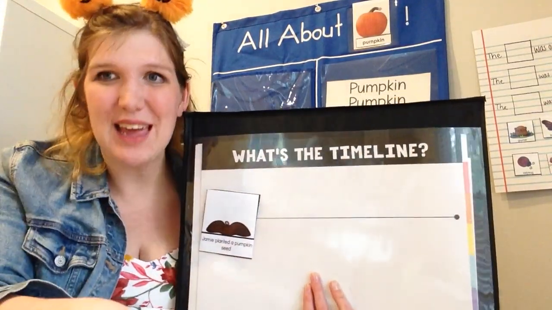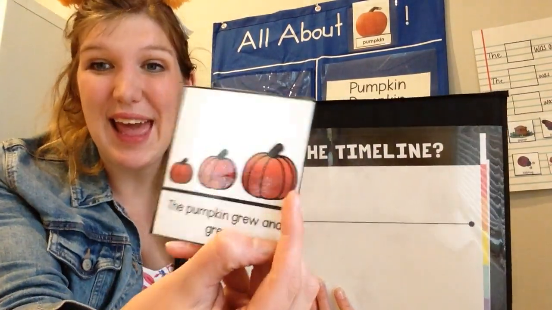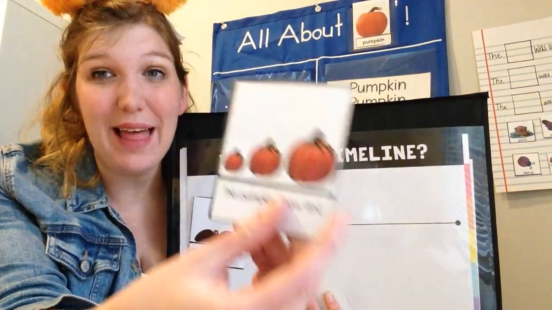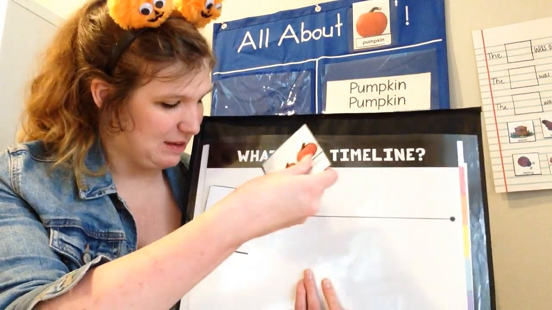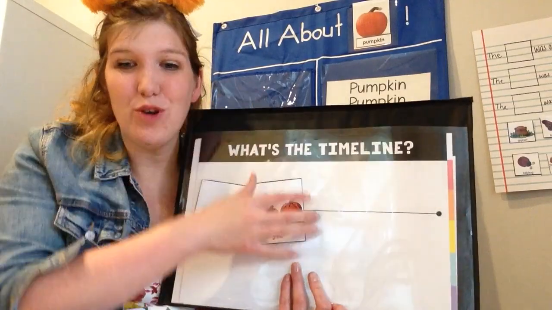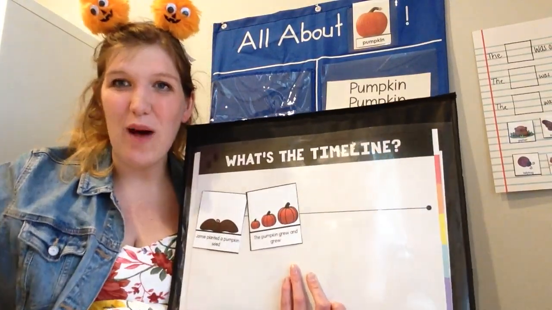So that pumpkin was growing and growing from a tiny seed to a sprout to a flower to a pumpkin. So Jamie planted the pumpkin seed. The pumpkin grew and grew and grew until what?